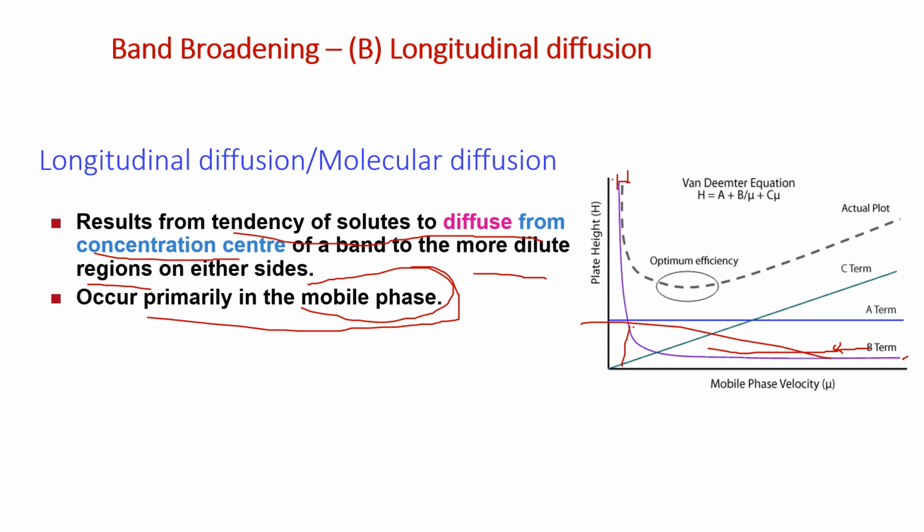So that's why in the equation B is inversely proportional to the velocity. The higher the velocity, the faster the mobile phase goes, the band broadening because of the longitudinal diffusion is lower, denoted by the low H. The low H is the one that we want.